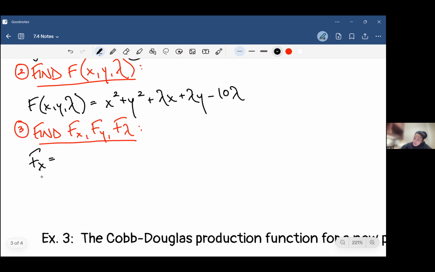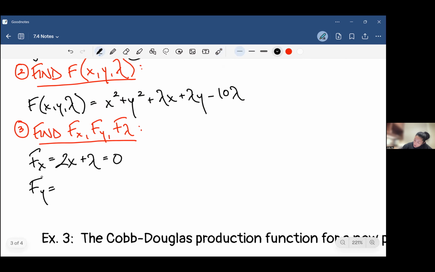Okay. So derivative of x squared is 2x. Derivative of y squared is 0. Derivative of lambda x is plus lambda, and the rest of this also goes to 0. And I want to set that equal to 0. My Fy, okay, x squared goes to 0.